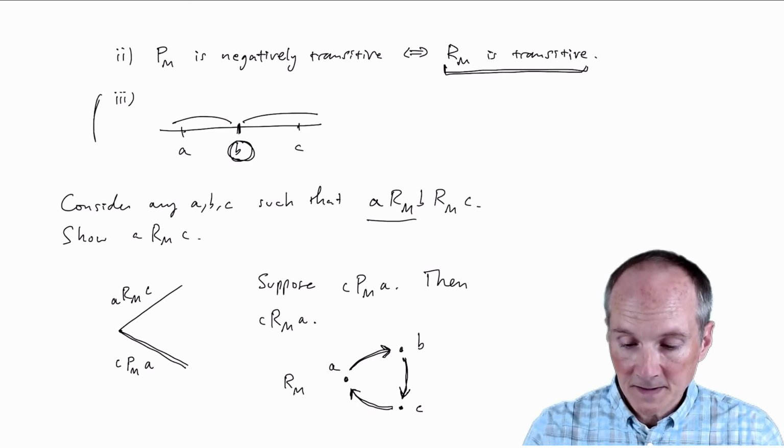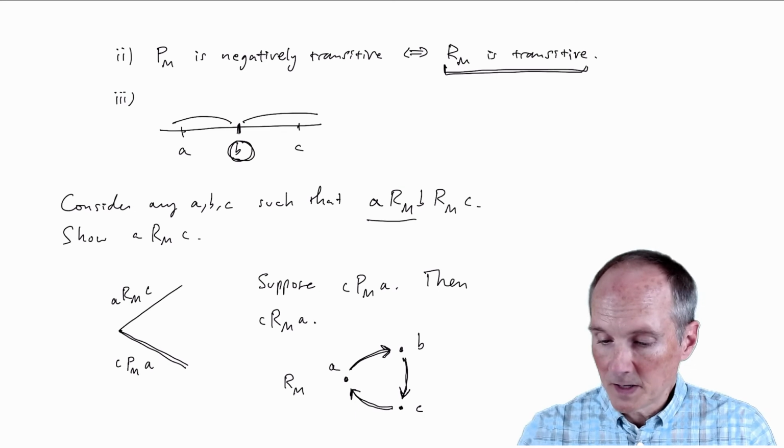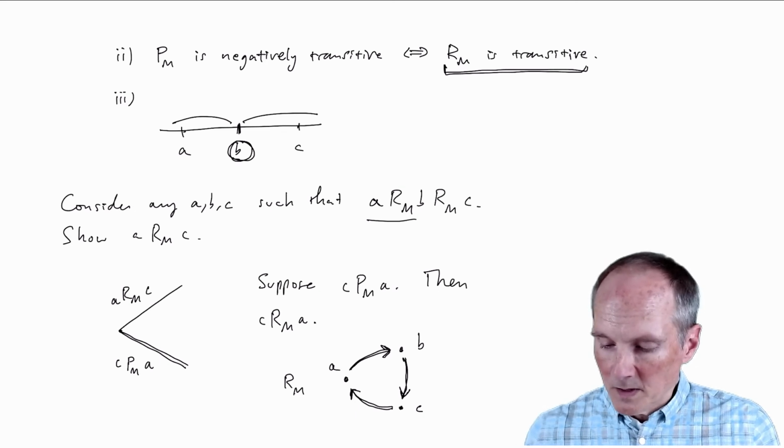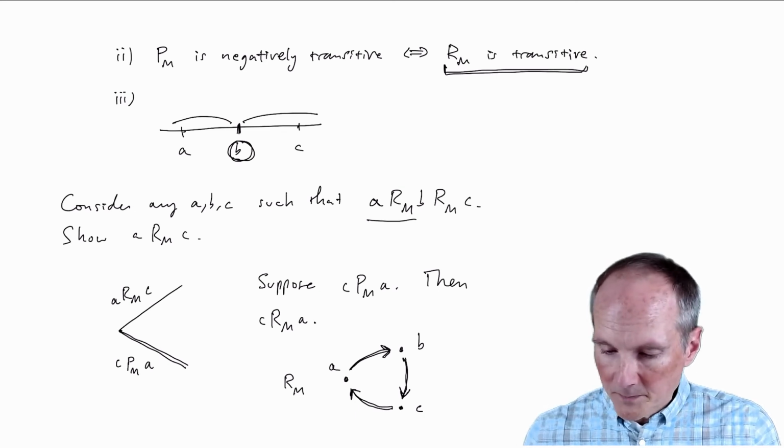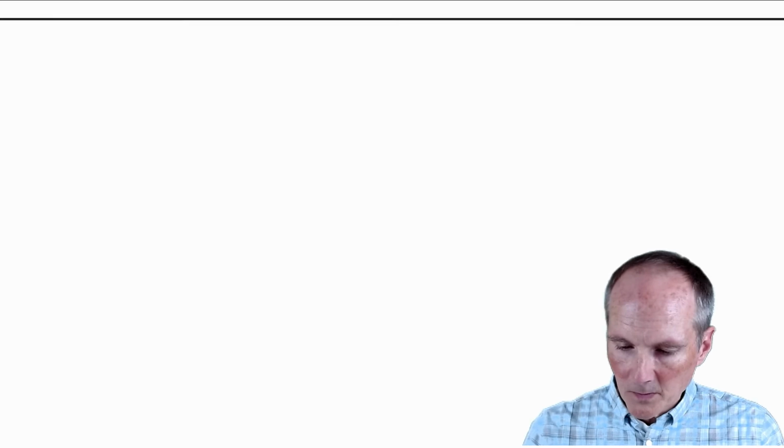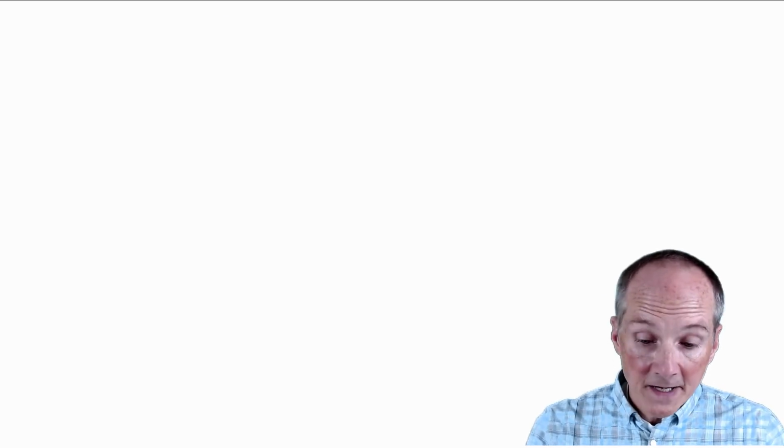Right? That's inconsistent with this third observation. All right, so the way I'll argue that is technically, there are 3 cases, but they're all proved in the same way, right?